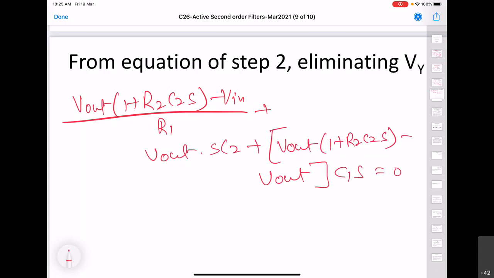So from here we can find V out by V in, which will be the transfer function that we are looking for.